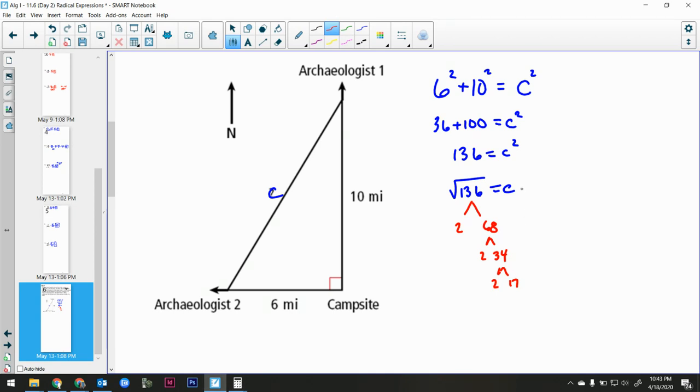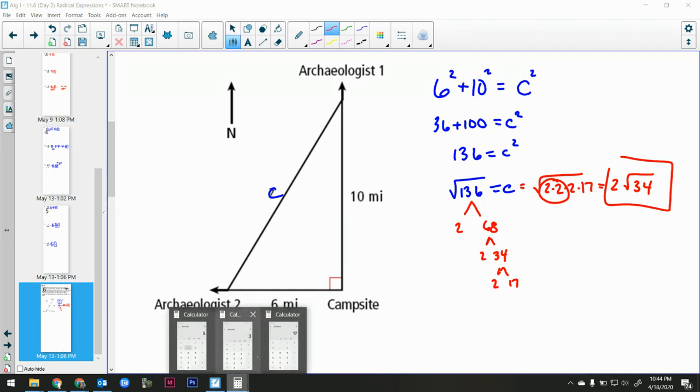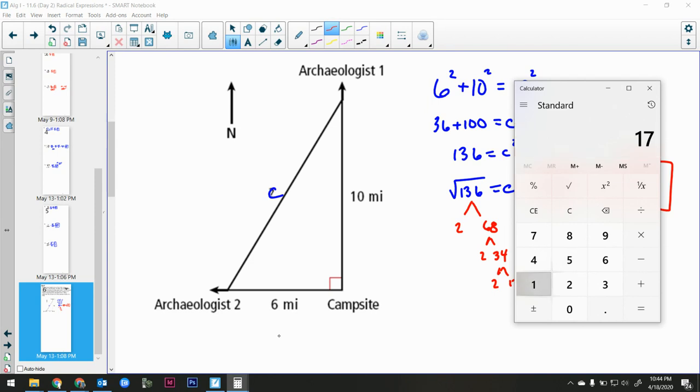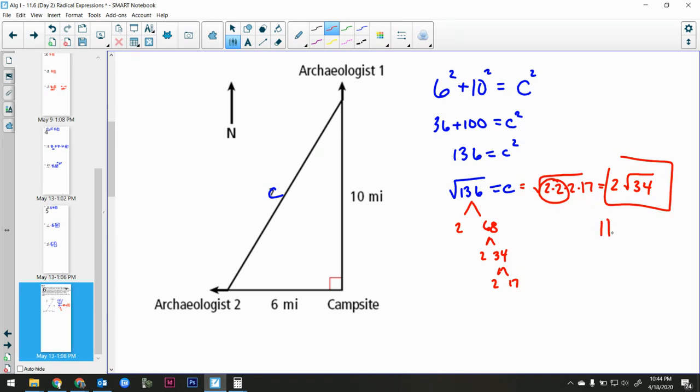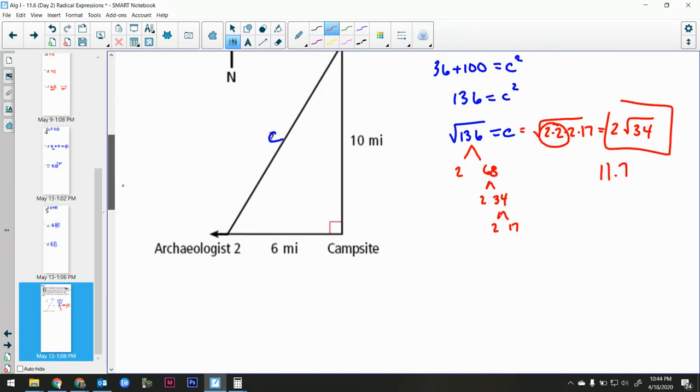Yeah, 17 is prime. So that will turn into square root of 2 times 2 times 2 times 17, which is, buddies here, 2 times the square root of 34. So that's what it is in radical form. Now, when I actually figure it out, when I take the square root of 136, this is a weird calculator. I got 136 and the square root, 11.7, I think. Did I say round to the nearest tenth? Yeah, 11.7 miles.